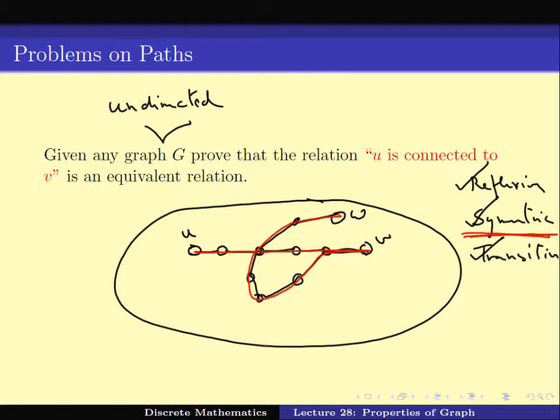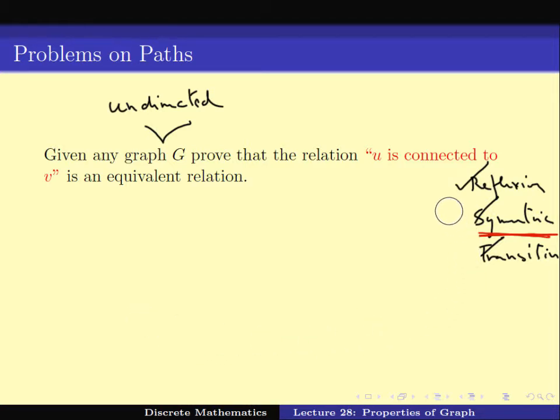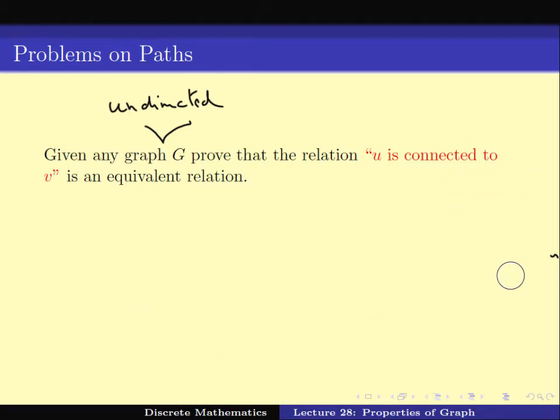And when we have an equivalence relation, as we have pointed out earlier, then the whole set on which the relationship is defined, namely the set of vertices here, we can split them up into equivalence partitions, right?